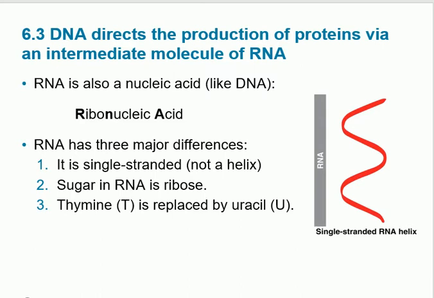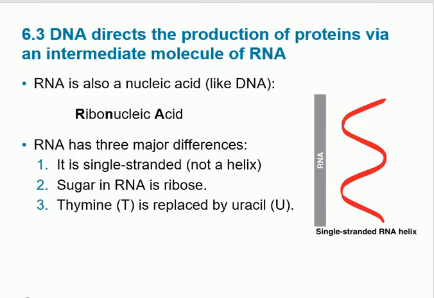How about the DNA being a double strand? RNA is not a double strand. RNA is a single strand. This is number 2. Number 3, what are the 4 bases in the DNA? A, T, C, G. And instead of that, you have A, U, C, G. The RNA does not have T. It has U instead.